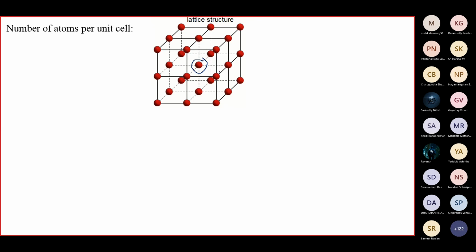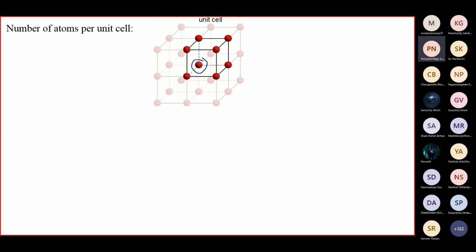This lattice point, at which we can consider an atom, also belongs to so many unit cells. If we look carefully, this belongs to 8 unit cells. Do you agree?